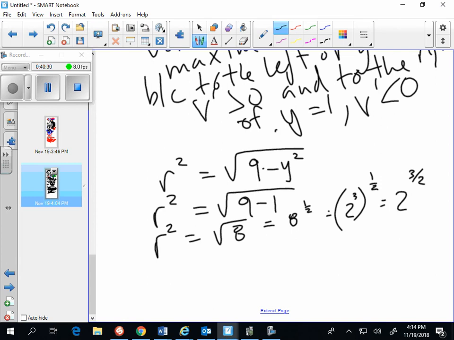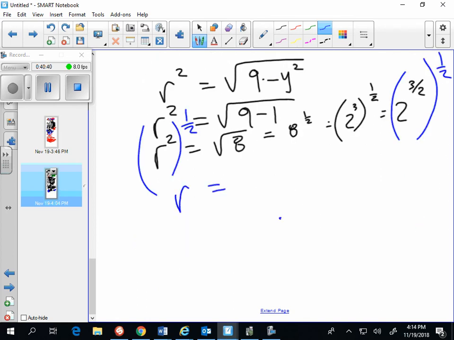And you might say, why are you doing that, Mr. Kukla? Well, because I need to take the square root of both sides over here and over here. And so I know that r equals 2 raised to the 3/4 power.